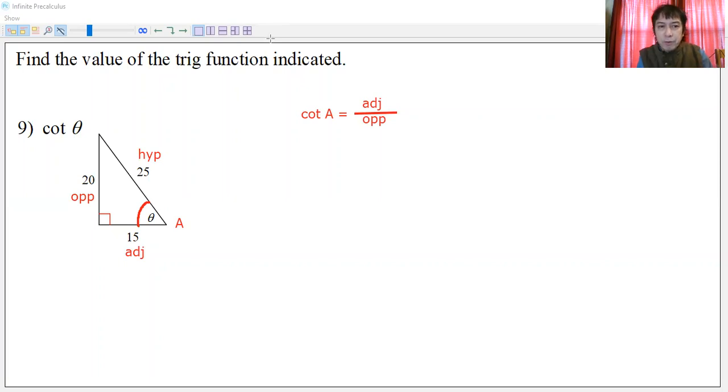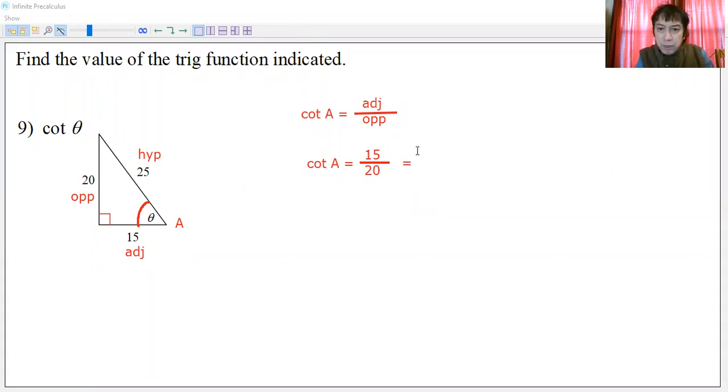That's adjacent over opposite. So cotangent of angle A is equal to 15 divided by 20. But not yet. That can be reduced to some lowest term. Remember, there are factors for this.